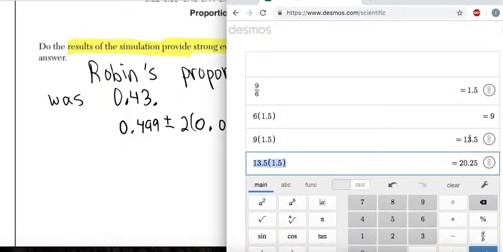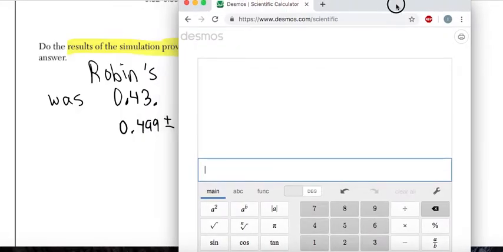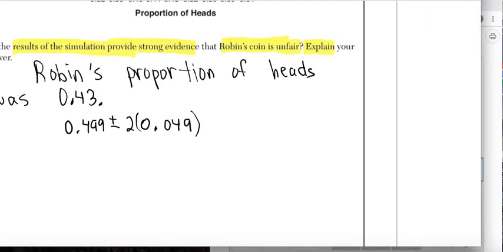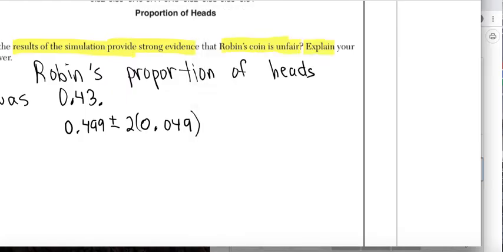Let's clear everything out. So I'm going to do 0.499 plus and minus 2 times, I'll start with minus, so 0.401 and 0.597. So that's what we call the 95% confidence level.